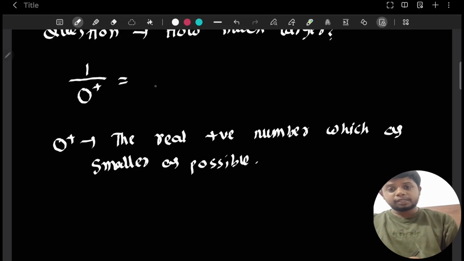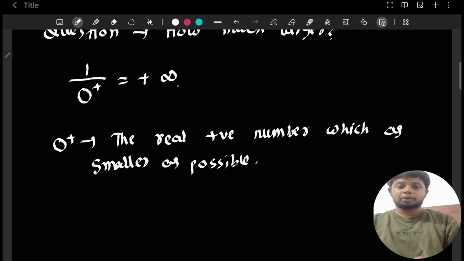In mathematics, a very large number is denoted by plus infinity. Now this is also not a number, because if I take any number, let's say 10 power 2 lakhs, I'll add 1 and I'll say this infinity is bigger than that number also.